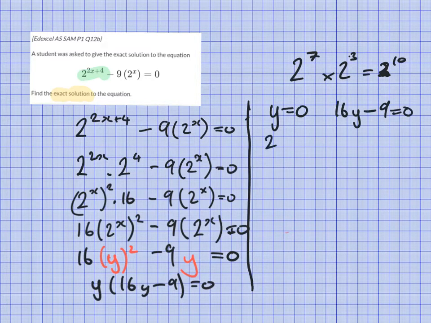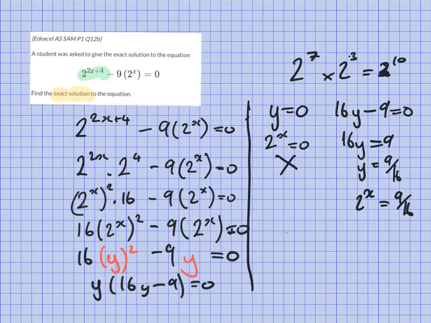If y equals 0, then 2 to the x equals 0, and as you know that has no solutions. Or we get 16y equals 9, so y equals 9 over 16, so 2 to the x equals 9 over 16. If 2 to the x is 9 over 16, we can take the log of both sides.